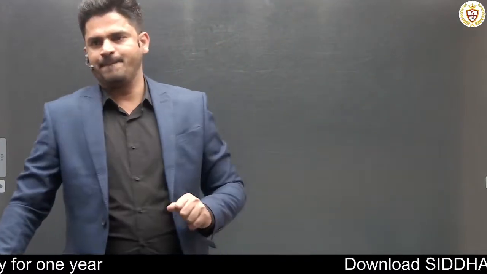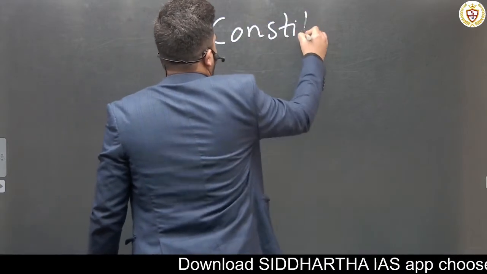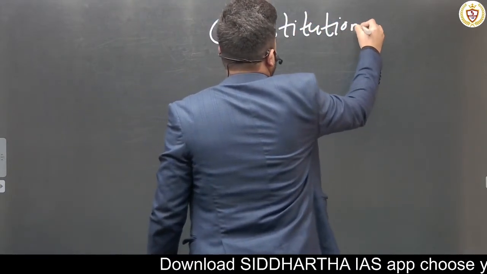Now, within the constitutional rights, within the Constitution, there might be some rights which might be kept at a superior level, and some rights, as compared to some rights, they might be at an inferior level. So how can we classify constitutional rights?